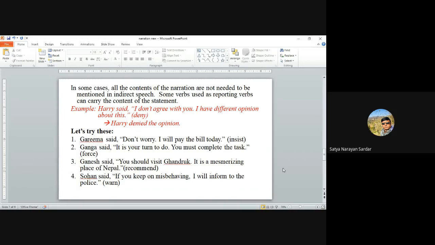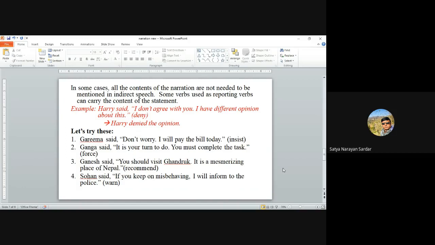Number three, Ganesh said, "You should visit Ghandruk. It is a mesmerizing place of Nepal." Recommend. That means Ganesh recommended visiting Ghandruk. Number four, Sohan said, "If you keep on misbehaving, I'll inform the police."